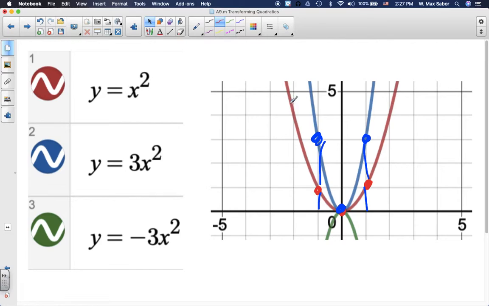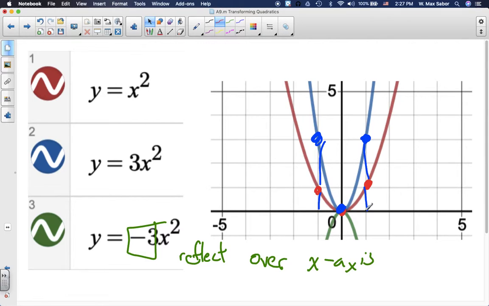Even though there's no top, this point is not from this one coming left, it's from this point going up. Same thing for the green one. It ended up going down because that negative causes it to reflect over the x-axis.